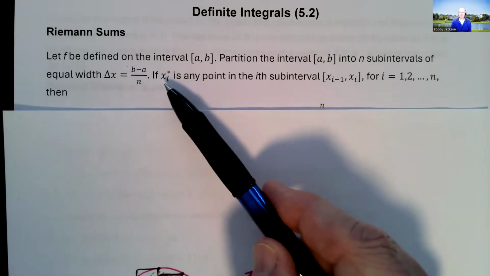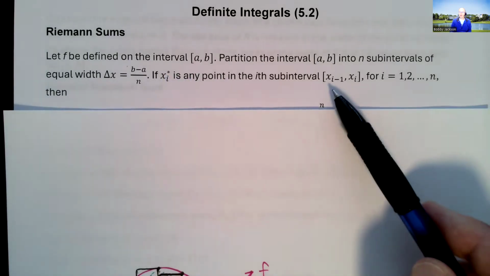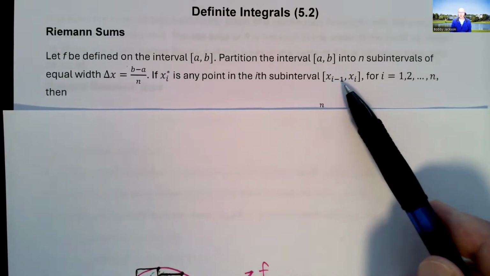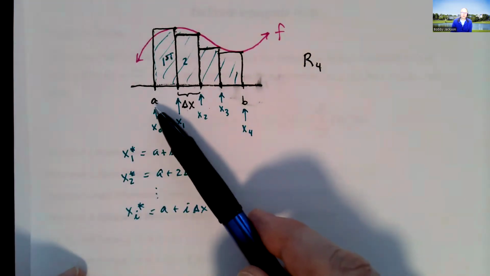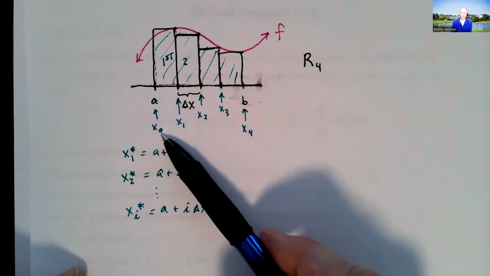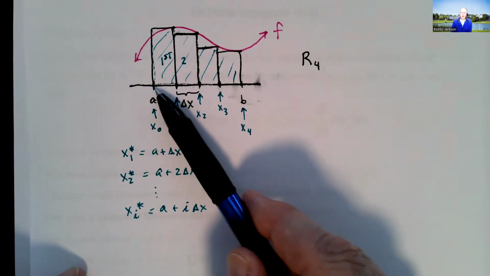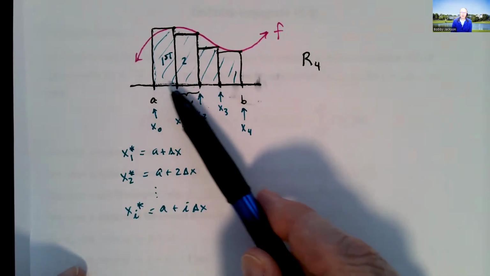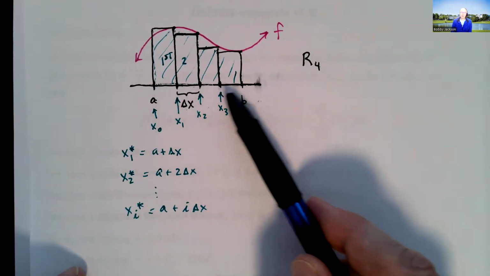Now, what about these x sub i stars and, more importantly, x sub i minus 1 to x sub i? What is this all saying? Well, here's the notation we're going to use. We're going to start with a, the left endpoint of our interval. I'm going to call that x sub 0. And then the next point, by the way, the book calls these grid points, all these points that designate the subintervals.